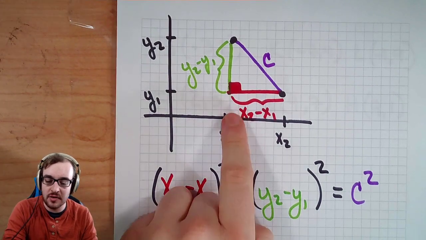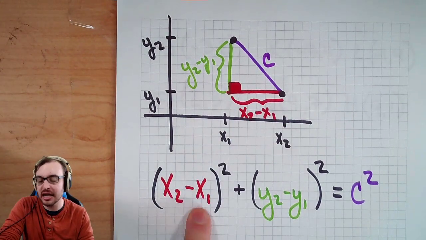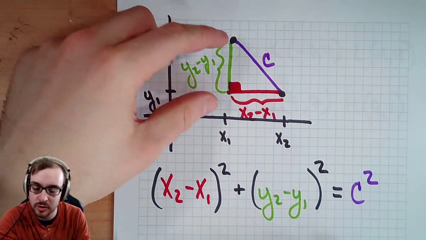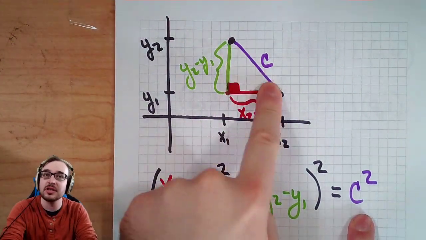If this distance was 10 and 2, that's an 8, I'd put an 8 in here. And if this is 12 and 6, I can just do 12 minus 6 here and get 6. So I've got 8 squared plus 6 squared equals whatever this side is squared.